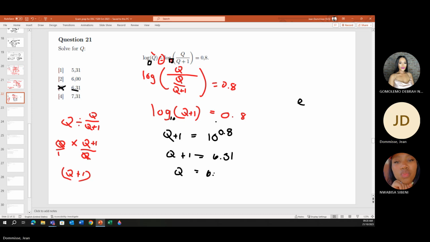So 6.31 minus 1 will give our answer of 5.31. Okay, and that then is option 1. If we had that plus 1 somewhere made it a negative 1, and when you brought it over, you made it positive, there would have been another answer for you.